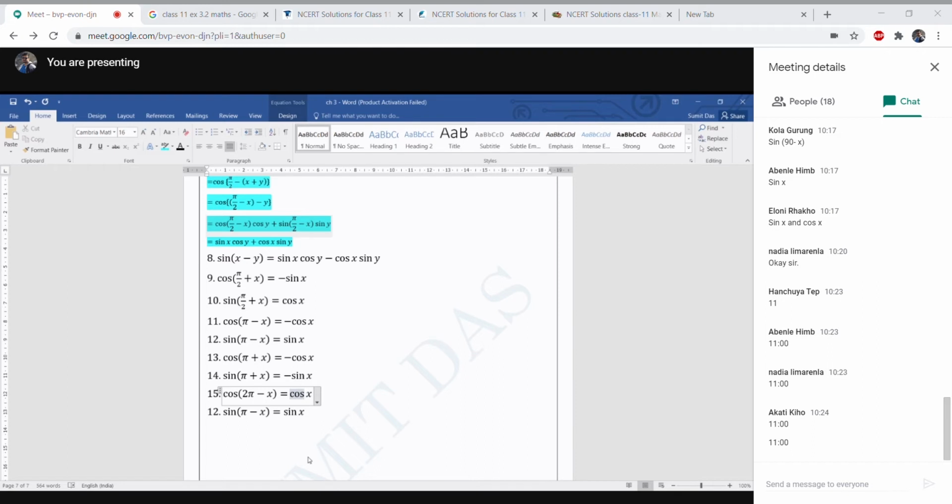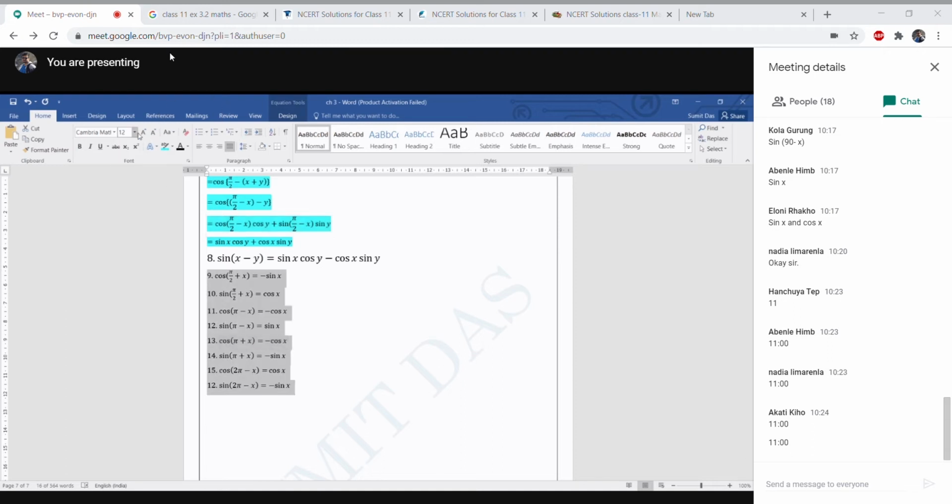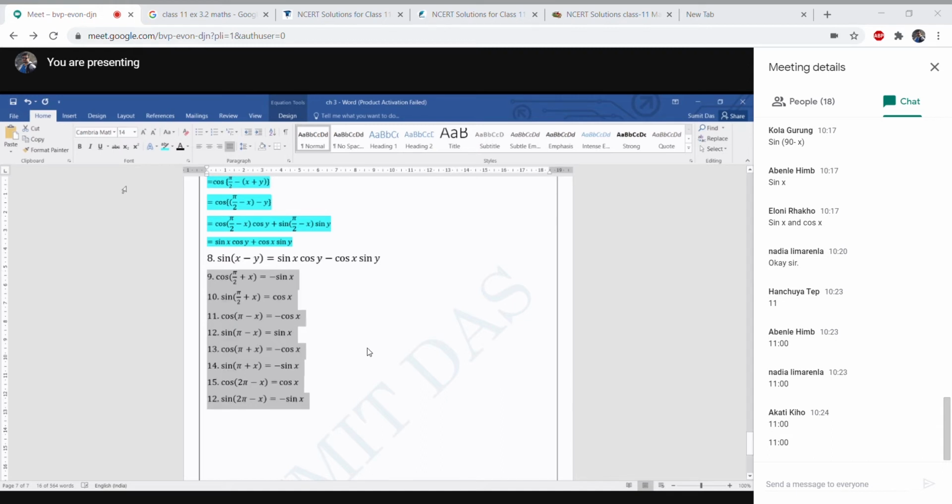So in the fourth quadrant cos is positive, and in 2 pi minus x, the fourth quadrant, sine is negative. These are not that important formulas, you can say they are sub formulas like this. So the important formulas are up to this.